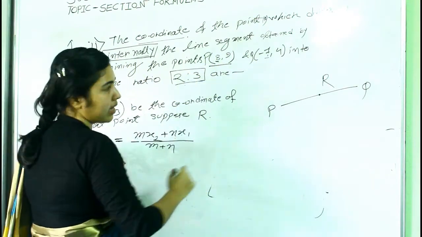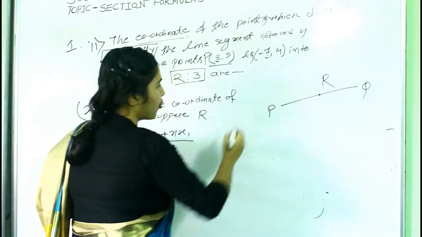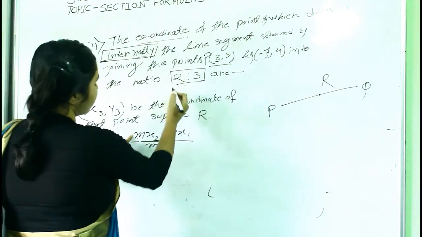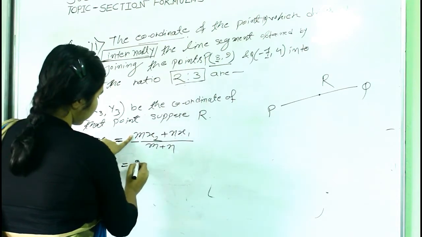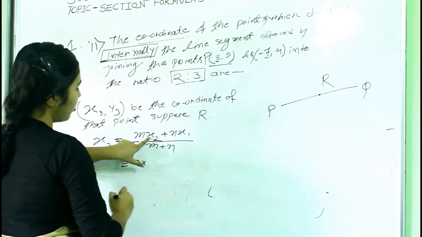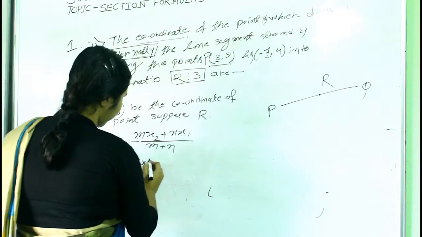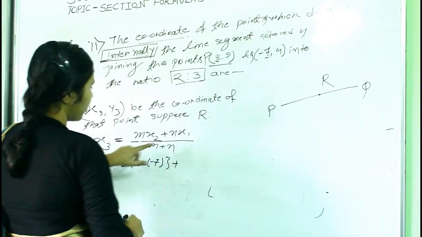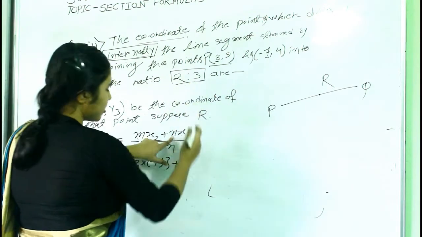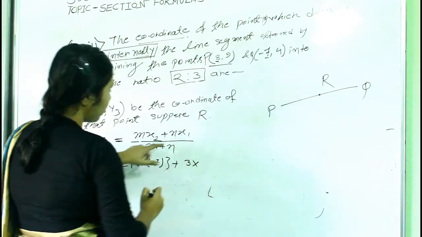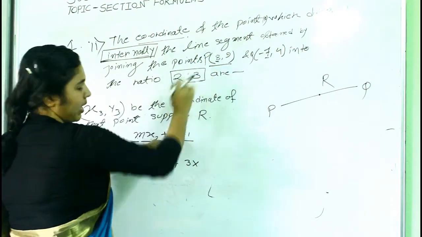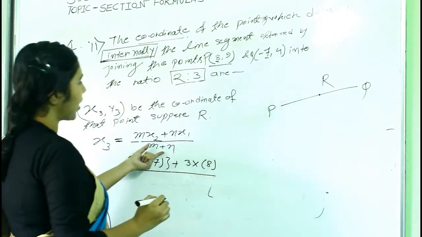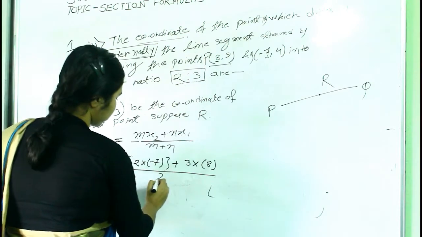x1 is 8 and x2 is -4. Now put the value of m, which is 2, into x2, -7, plus the value of n, which is 3, into x1, 8, by m plus n, 2 plus 3.